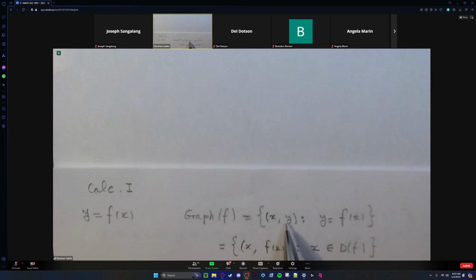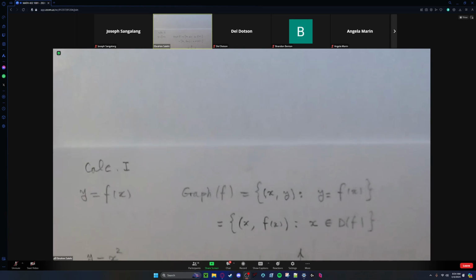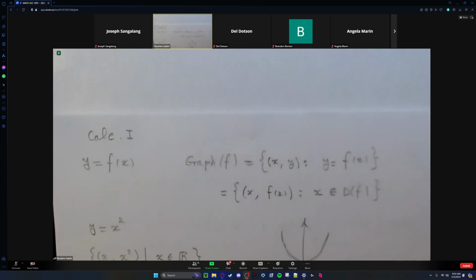So you put all the points x, f of x together, and so theoretically, this is called the graph. But if you plot these points and join them, you will get a picture of that graph.